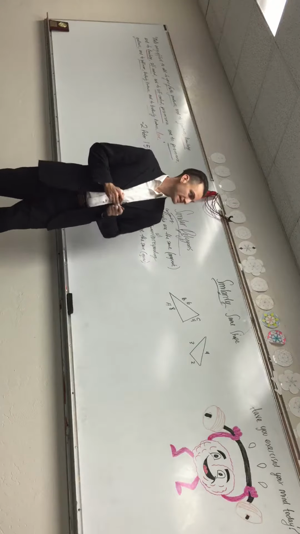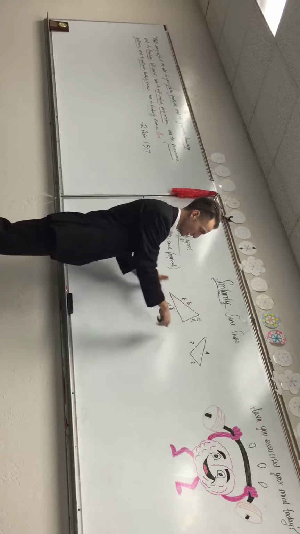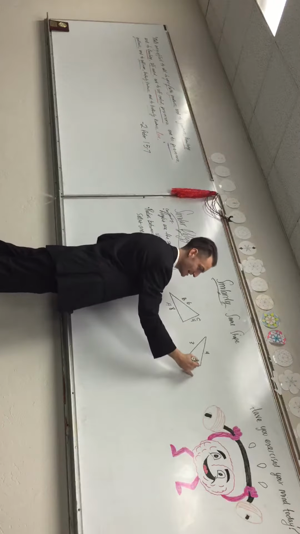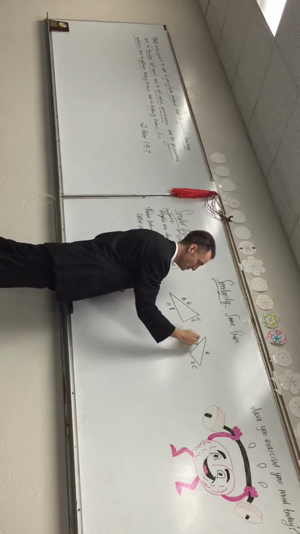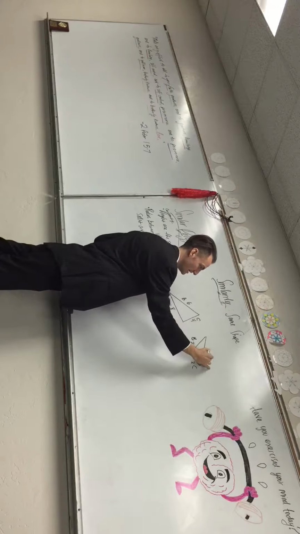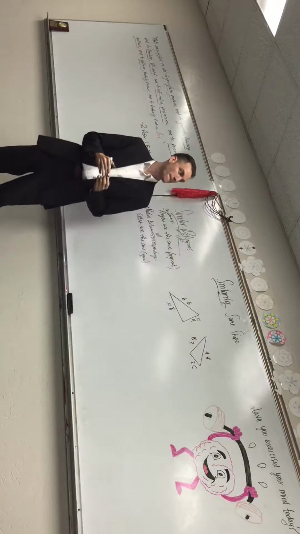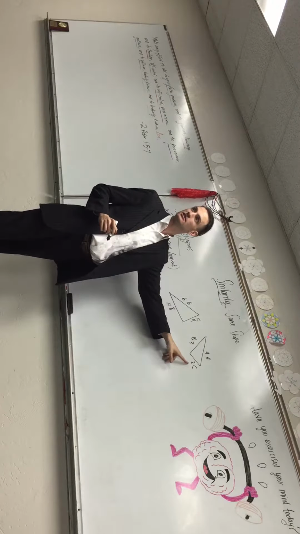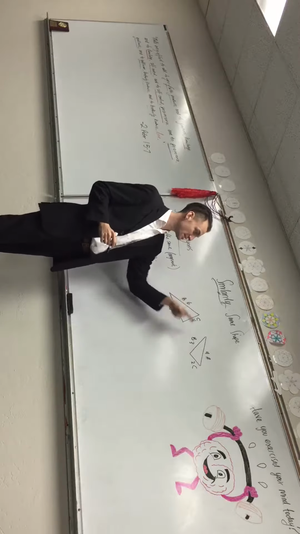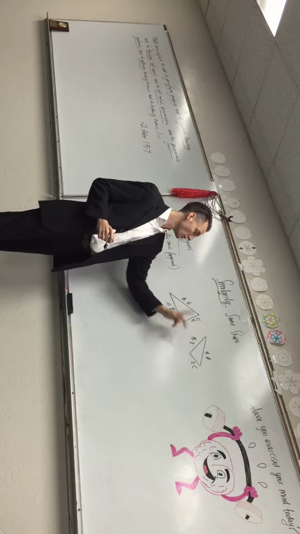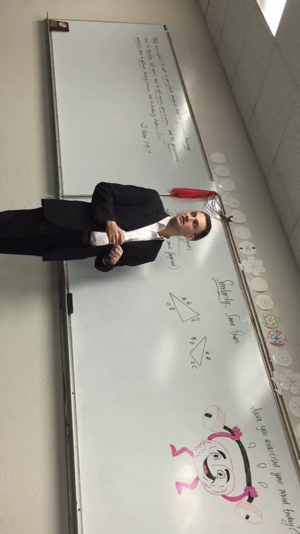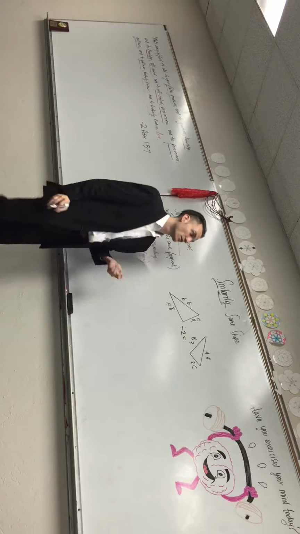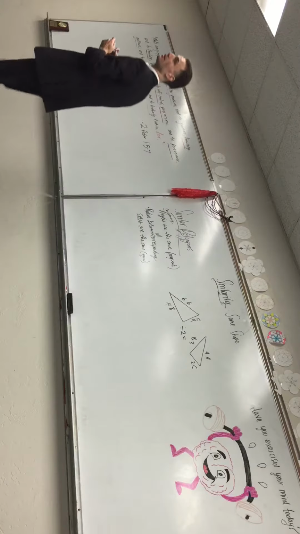But let's say we flip this triangle this way and then rotate it a little bit, and then I make this side C, and this side B, and this side A. Then 4 divided by 2 is 2, 6 divided by 3 is 2, and 8 divided by 4 is 2, so are they similar? Yeah.